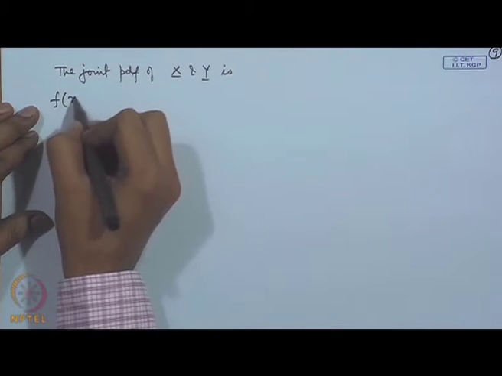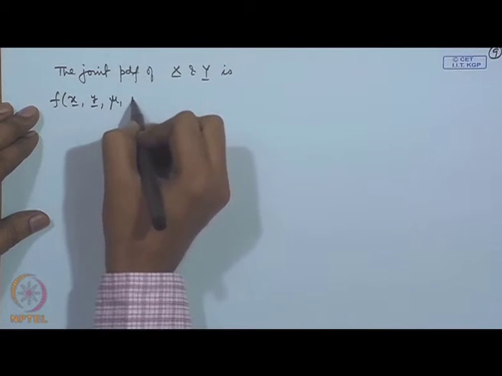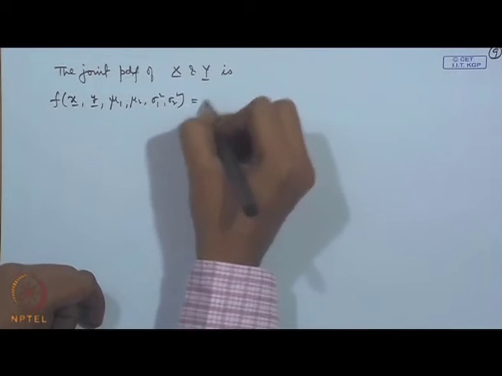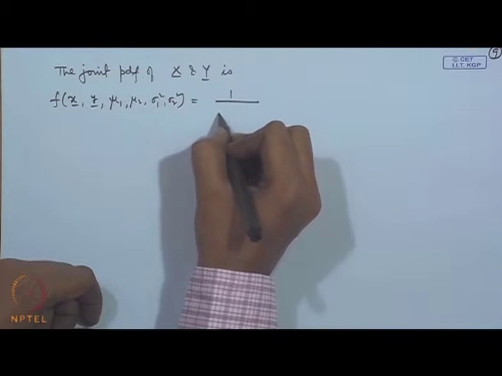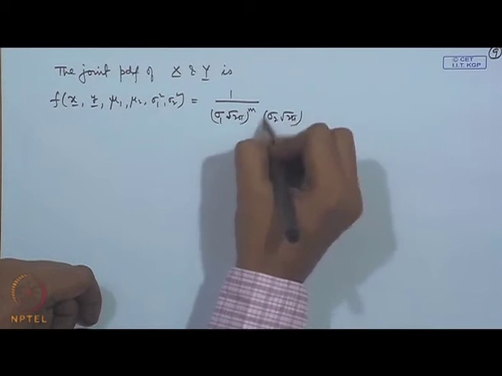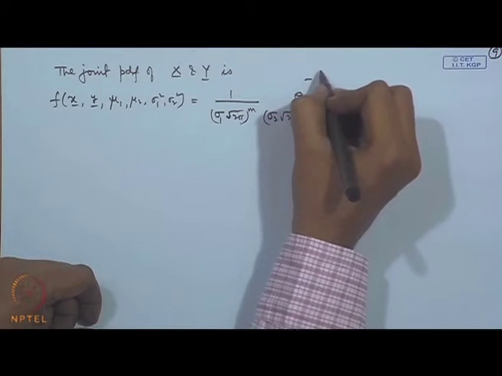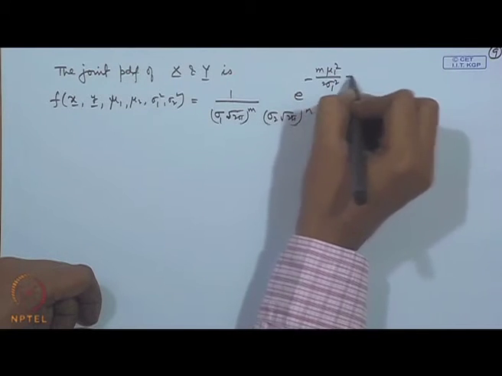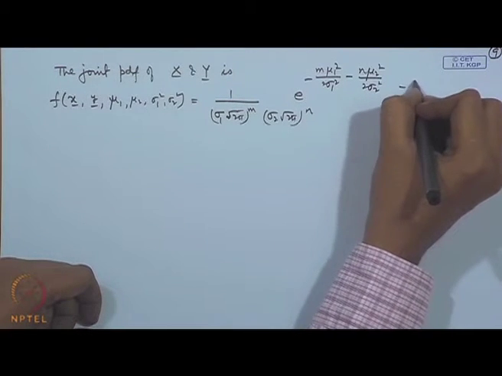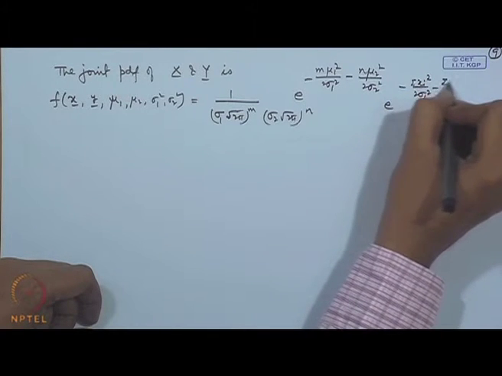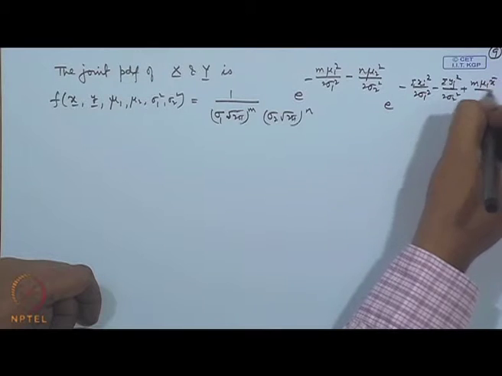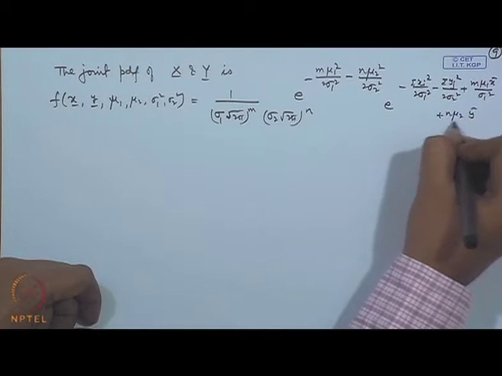That is equal to f x y, mu 1 mu 2 sigma 1 square sigma 2 square, that is equal to, so there will be some terms, basically if I write in full, it will become 1 by sigma 1 root 2 pi to the power m, sigma 2 root 2 pi to the power n, e to the power minus m mu 1 square by 2 sigma 1 square minus n mu 2 square by 2 sigma 2 square, and then e to the power minus sigma x i square by 2 sigma 1 square minus sigma y j square by 2 sigma 2 square plus m mu 1 x bar by sigma 1 square plus n mu 2 y bar by sigma 2 square.